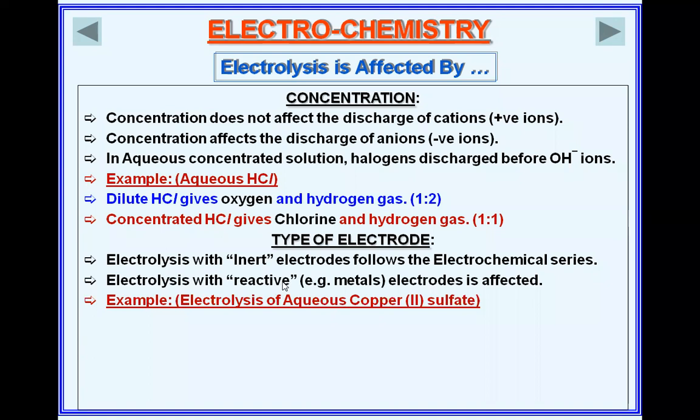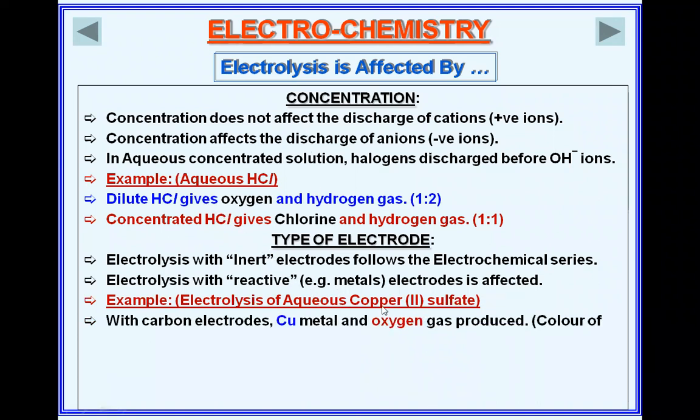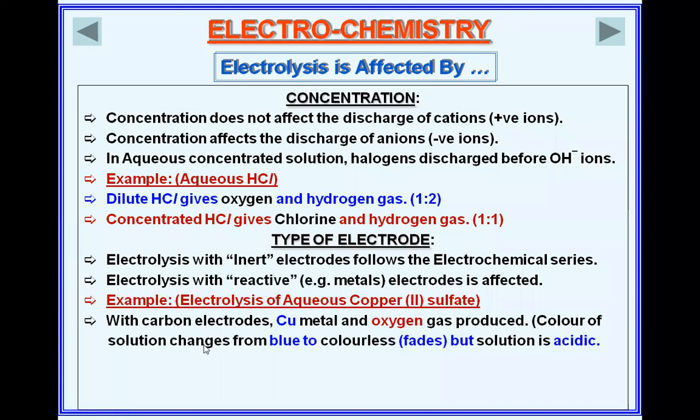Electrolysis with reactive electrodes is affected. For example, in the electrolysis of aqueous copper sulfate using a carbon electrode, graphite electrode, or platinum electrode, copper metal is deposited at the cathode and oxygen gas is produced. The color of the solution changes from blue to colorless, or fades, due to the decrease in concentration of copper ions.